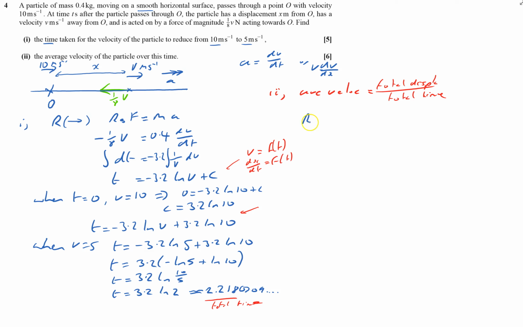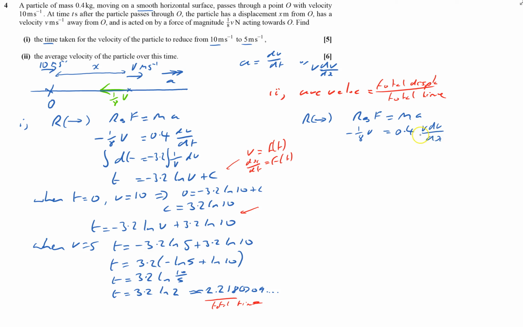So I'm going to resolve, taking that way to be positive, so resultant force equals mass times acceleration, so I get minus 1/8 v equals the mass, which is 0.4, and this time for the acceleration I'm going to use v dv by dx because I'm interested in displacement. So that will be v dv by dx.